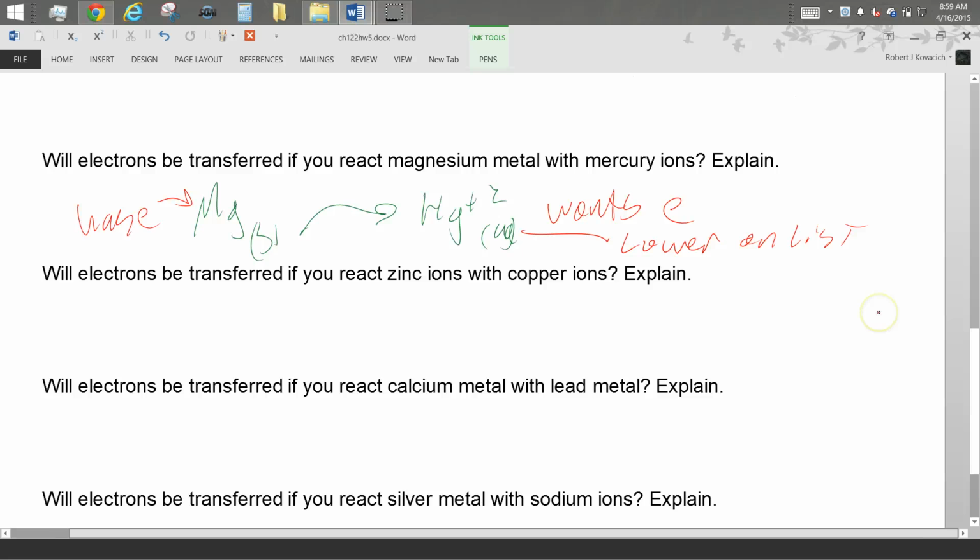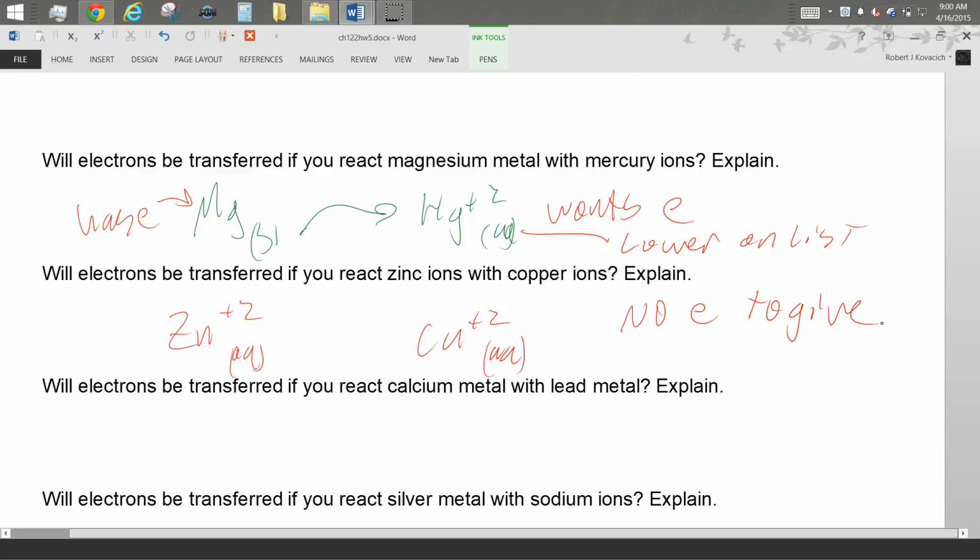All right, so I've got zinc ions, and I've got copper ions. Is there going to be any electrons transferred here? Nobody has any electrons. This is a no reaction. There aren't any electrons to be transferred from one side to the other because they've already been given away in some other way.